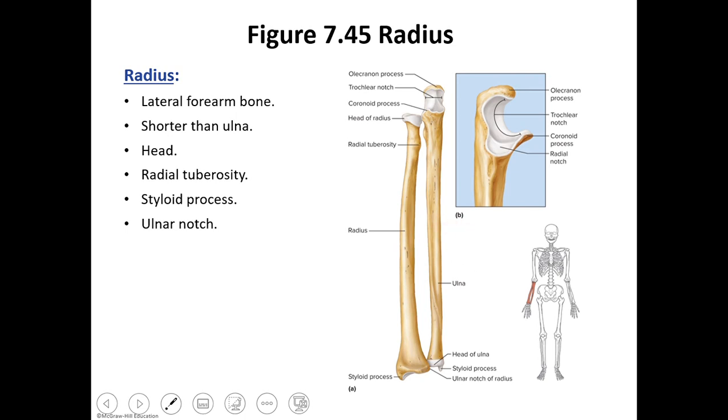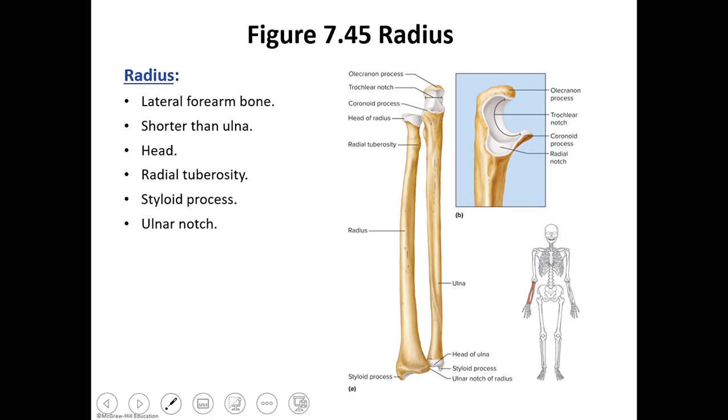Notice in this ulna, you have this C-shaped structure where it articulates with the distal part of the humerus. You have the olecranon process, which forms the top part of the C, and the coronoid process, which forms the bottom part. So processes are sticking out things, and fossas are indents.